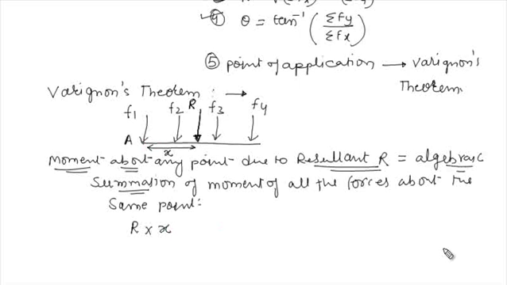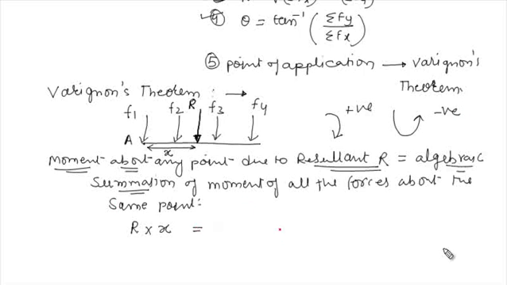Suppose we define the direction: the moment due to this R about A will be in clockwise direction. Suppose it is positive, and for our understanding anti-clockwise will be negative.